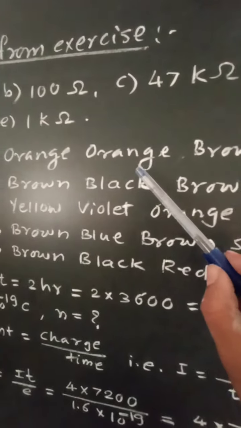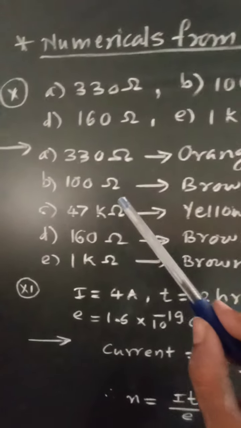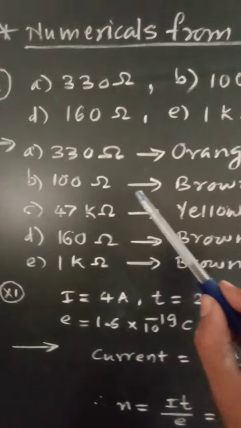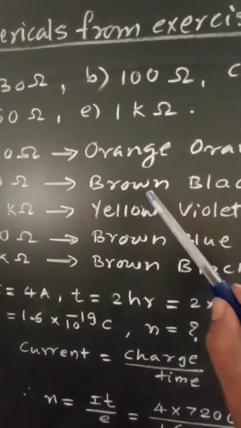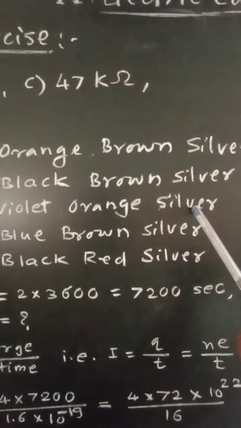Then for B 100 ohm, color code will be brown, black, brown, silver. Then for C, that is 47 kilo ohm, yellow, violet, orange, silver.